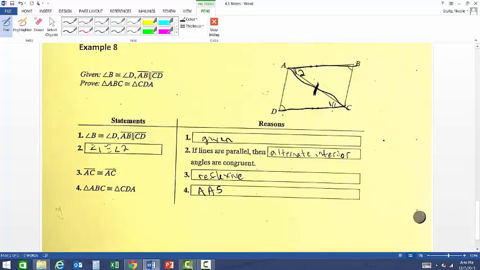So far we have covered the SAS theorem, the SSS theorem, the ASA, and the AAS. So really all we have left is this HL theorem, which we'll probably cover in a couple days.